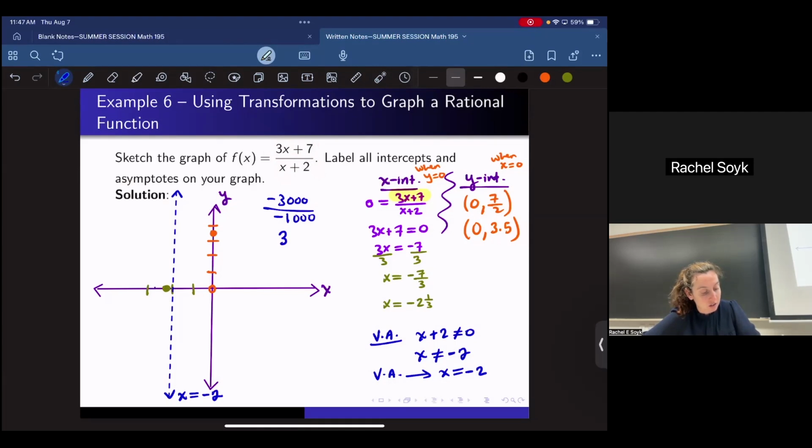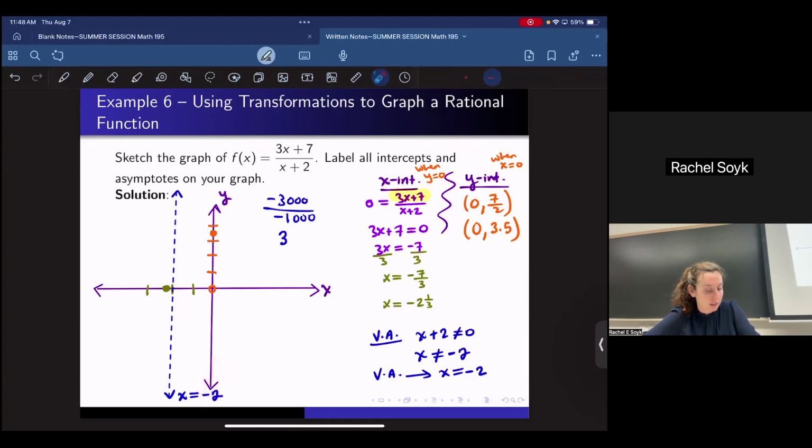As it's getting really, really large, is our y value ever going to go below the x-axis? And y, I should say. And again, you're looking at it beyond that -2 point.